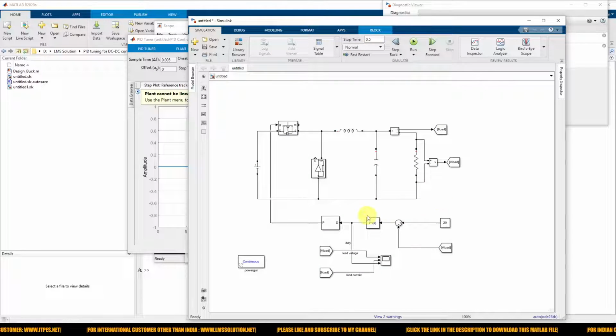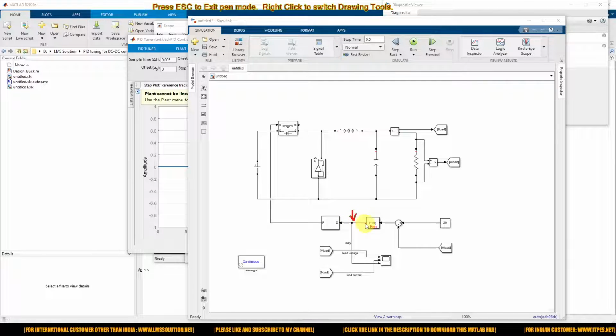So this is the input of the plant, and this is the output of the plant. Here the input of the plant is nothing but the duty cycle, and the output of the plant is nothing but the error. We are going to provide the duty cycle data, and based upon it, collect the error as the output data of the plant.